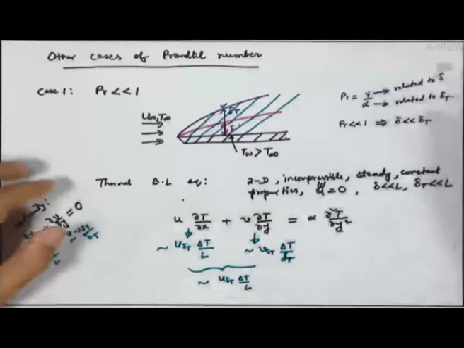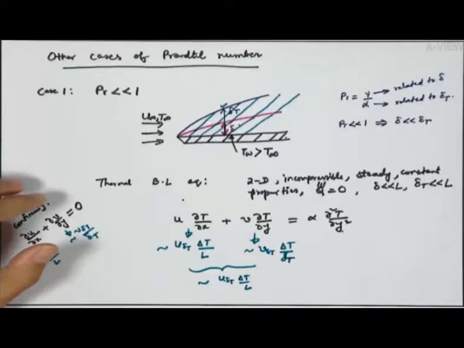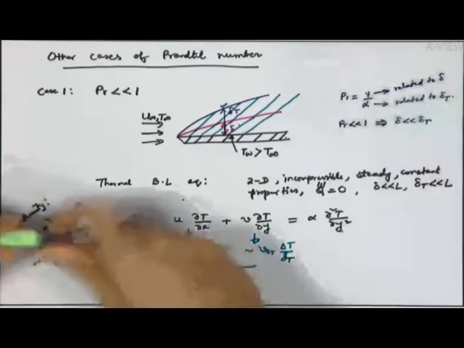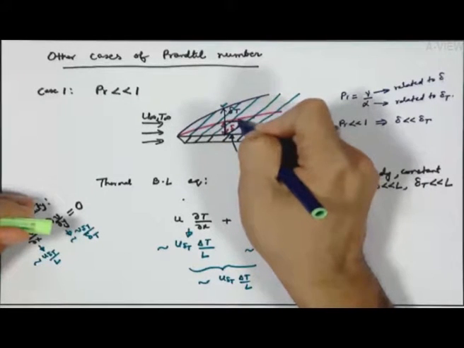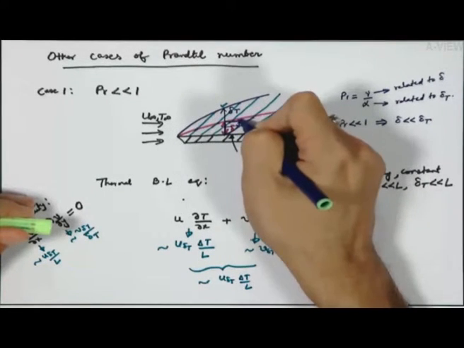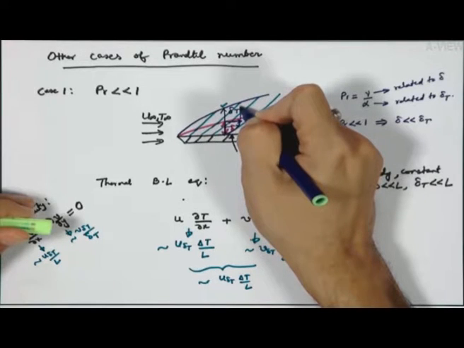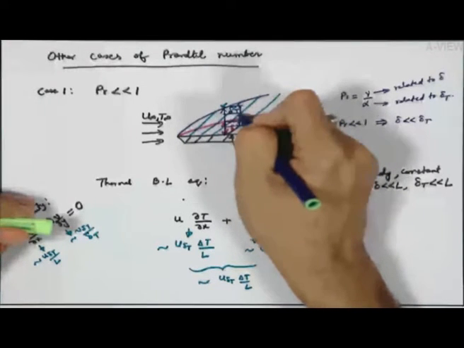So, if you draw the velocity and temperature profiles here, let us try to draw it. The velocity profile is like this, where you have u equal to u infinity there.